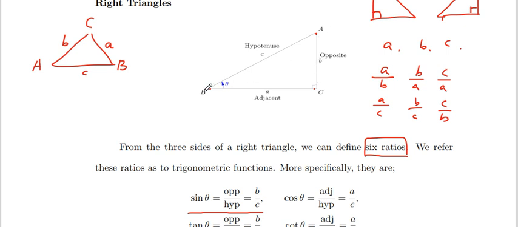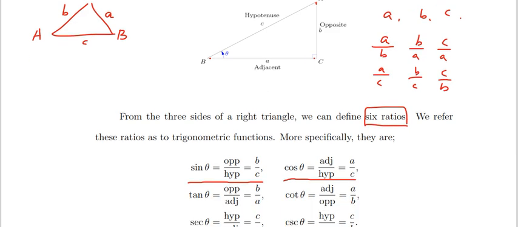For this angle, this side is the opposite side, and this we call the hypotenuse. This is sine. Cosine is a over c: the adjacent side over the hypotenuse. And the tangent is b over a.